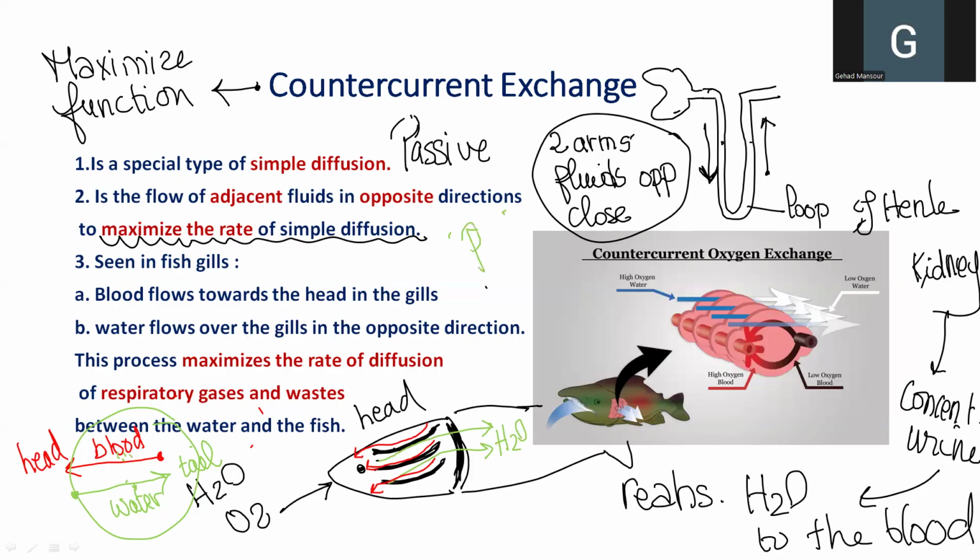We forgot to say that amongst the criteria of a countercurrent exchange is that the flows should not be divergent or convergent. They should be parallel to each other. On this diagram you can see how water enters from one side, and this water is high in oxygen.